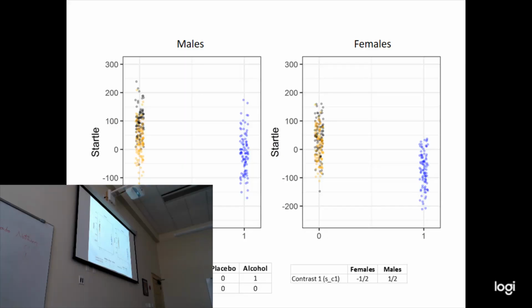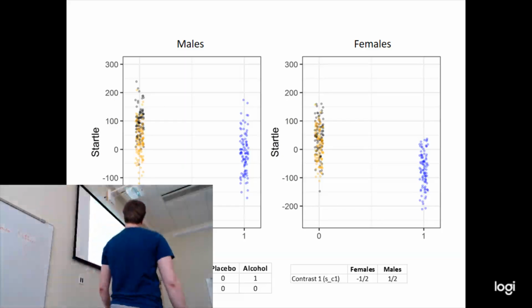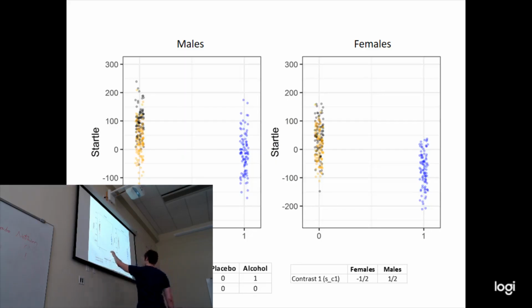And this is what that looks like. Very similar to what I just showed you, because placebo and nothing have the same number. I'm sort of smushing together the points that belong in each of those groups at 0. And then I'm putting the points for the alcohol group up here at 1.